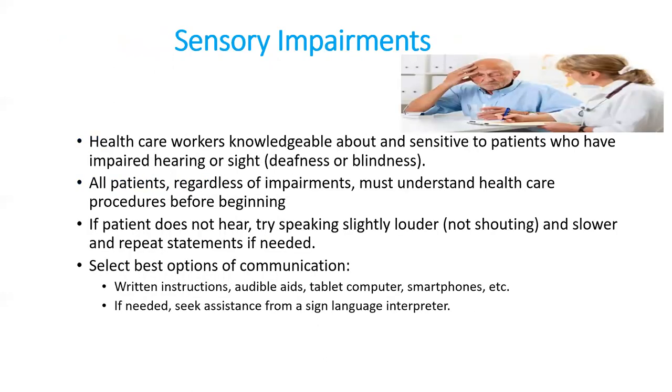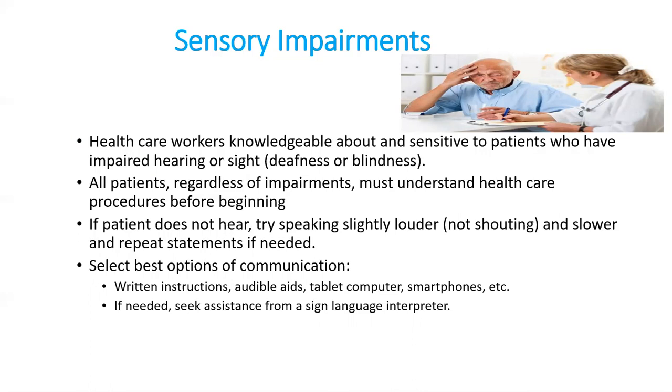Dealing with patients with sensory impairments, healthcare workers should be knowledgeable about and sensitive to patients who have impaired hearing or sight. All patients, regardless of their impairment, must understand healthcare procedures before beginning. If a patient does not hear, try speaking slightly louder but not shouting, and slower, and repeat statements if needed.